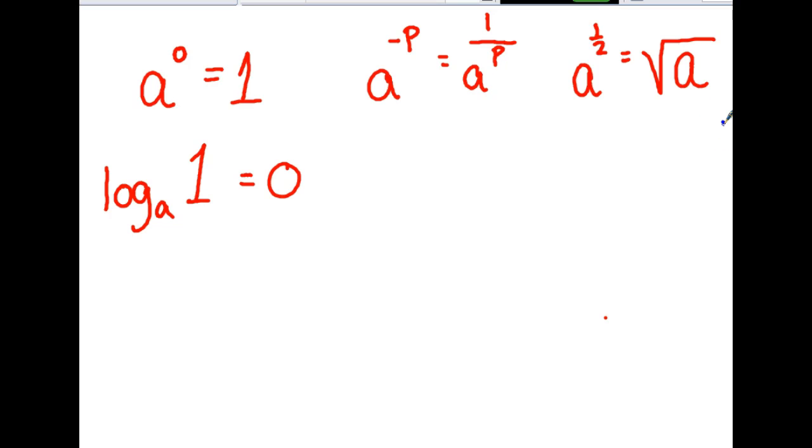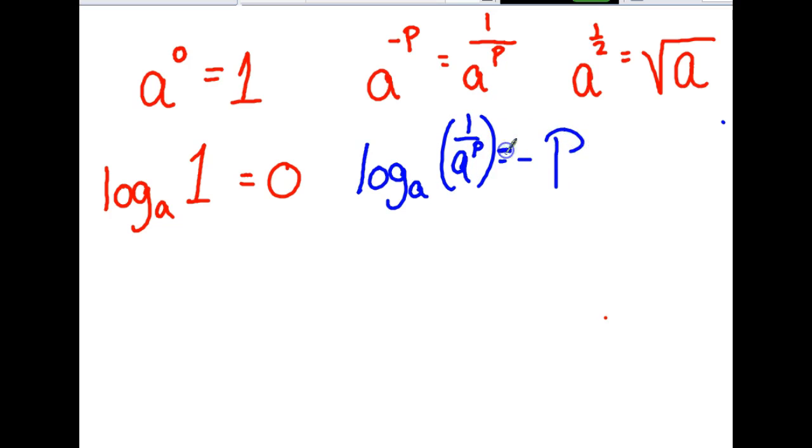Okay, let's see. This one would be log base A of the reciprocal is equal to a negative power. And we'll just leave that one. So that's the same rule written in log form. Those are reminders of previously learned rules.